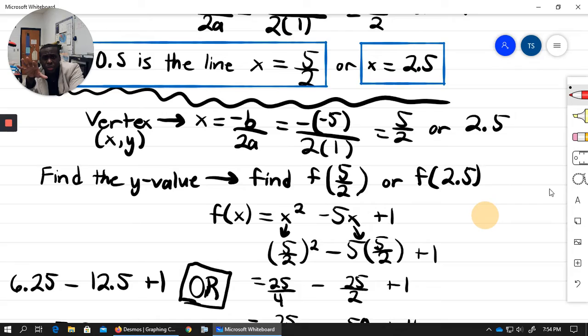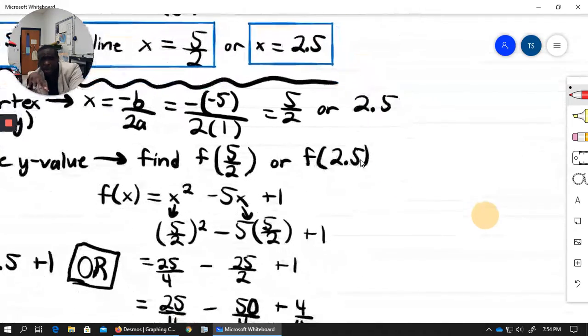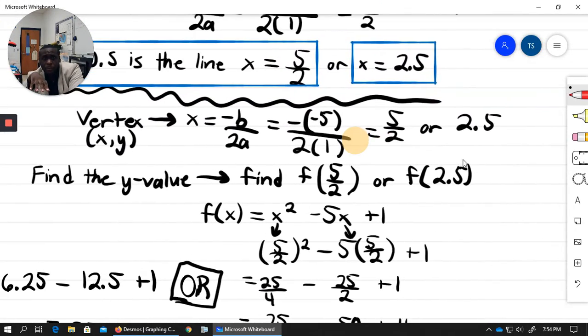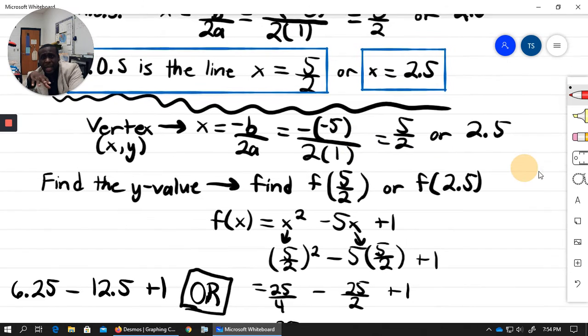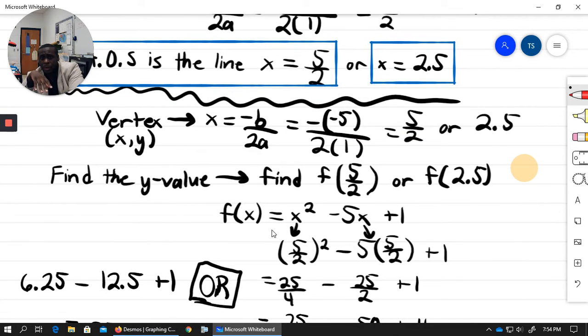And since this was written in function notation, as f of x, we need to make sure that we evaluate this function. So we're asked to find f of the x value, f of 5/2 or f of 2.5.